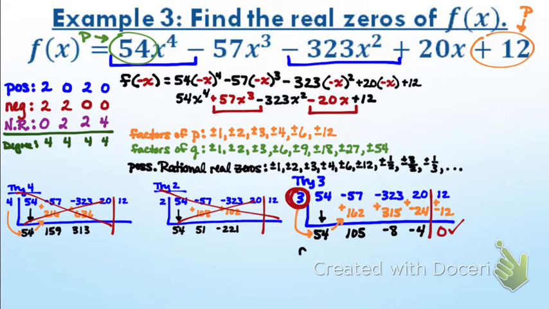So now I know that f of x could be written as x minus 3 times 54x cubed plus 105x squared minus 8x minus 4.